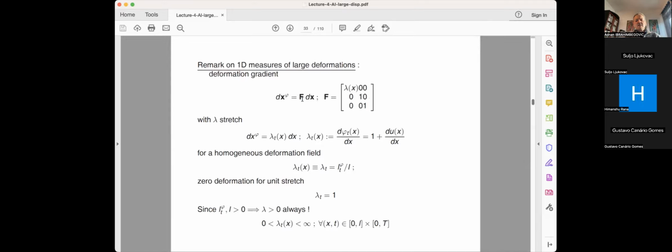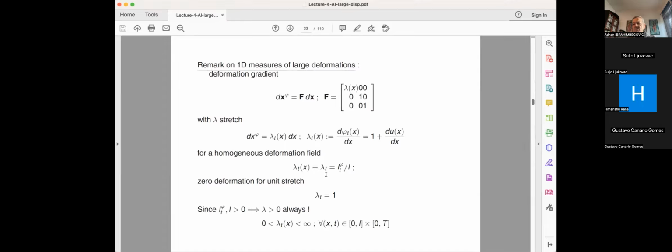So basically, I can say that stretch is defined as dx phi divided by dx, which you can obtain as d phi of x over dx, which is, again, one possibility to write, identity plus du dx. If you have a homogeneous deformation, your stretch is simply the ratio between the deformed length L phi and the initial length L. So if you have no deformation, the stretch should be equal to 1.